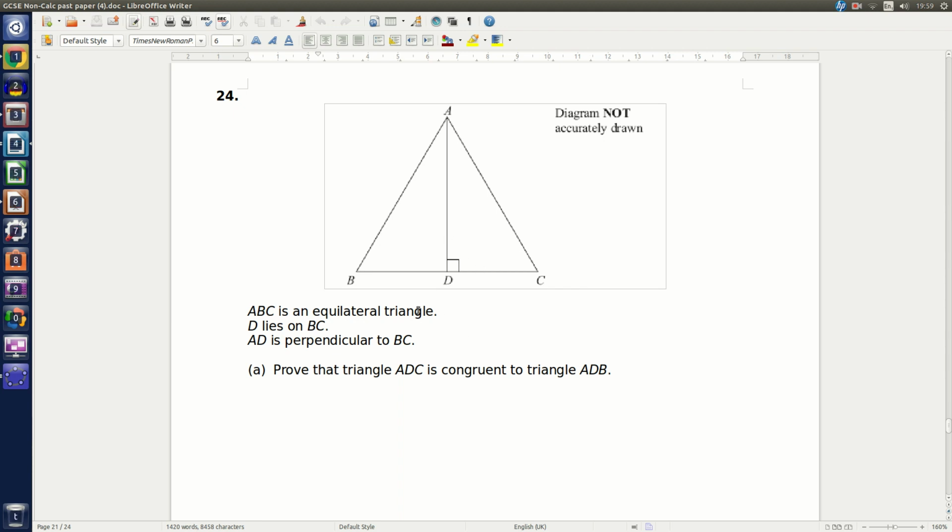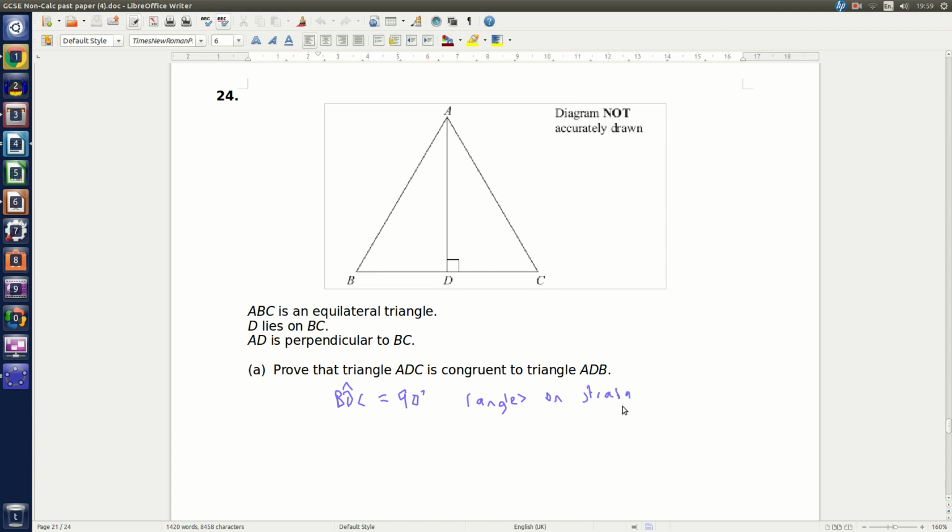As I've got the fact that AD is perpendicular to BC, it's going to be relatively easy for me to argue that BDC is 90 degrees, and that's because of angles on a straight line adding to 180. Please do write more than just angles on a straight line.